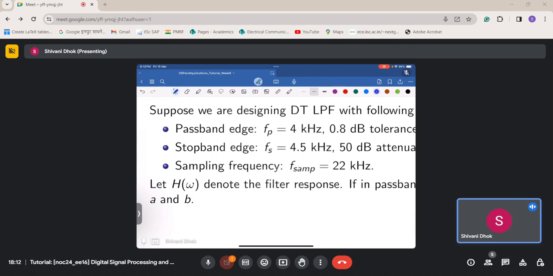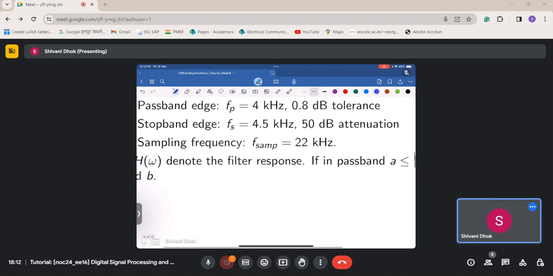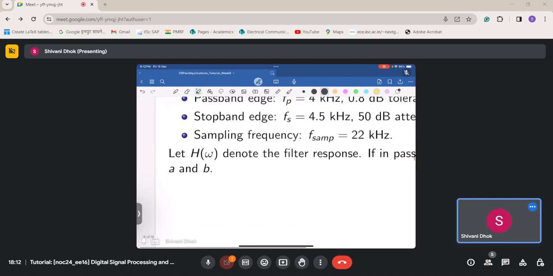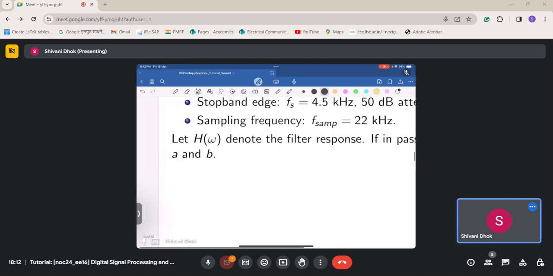It says let H of omega denote the filter response. If in passband this is satisfied, that is this magnitude response is between A and B, then we need to figure out what is this A and B.